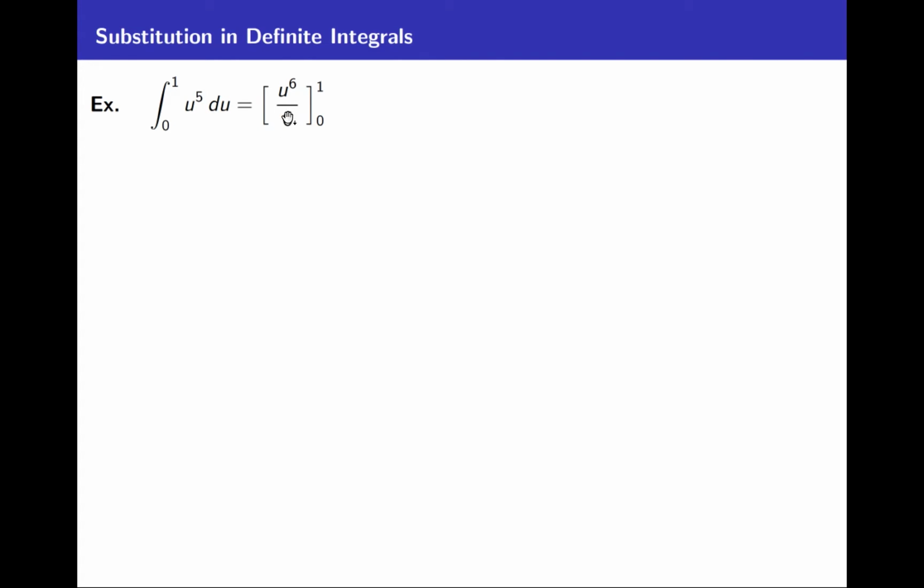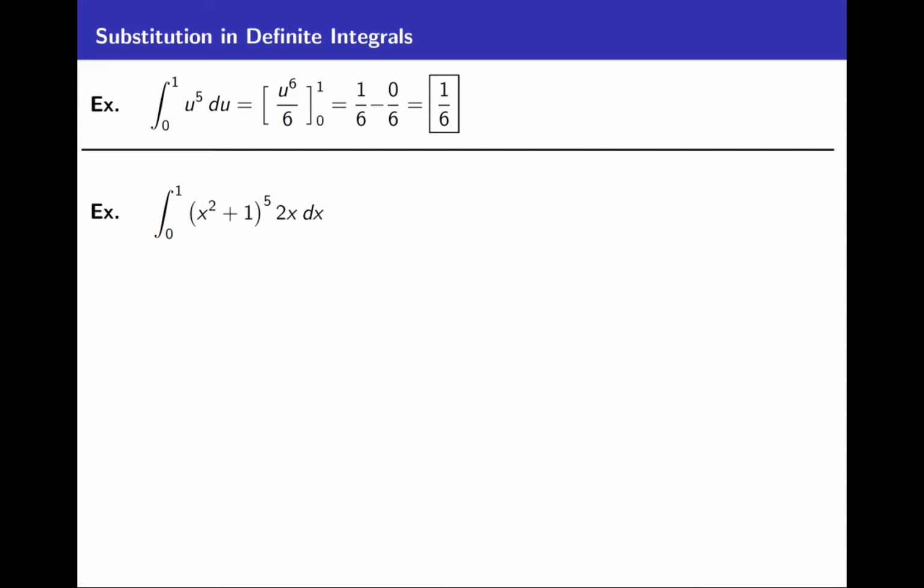The antiderivative that we're looking for is u to the 6th over 6. Then you plug in 1 and subtract off what you get when you plug in 0. You get 1/6 minus 0 over 6, and you get an answer of 1/6. Okay, there's no substitution there.